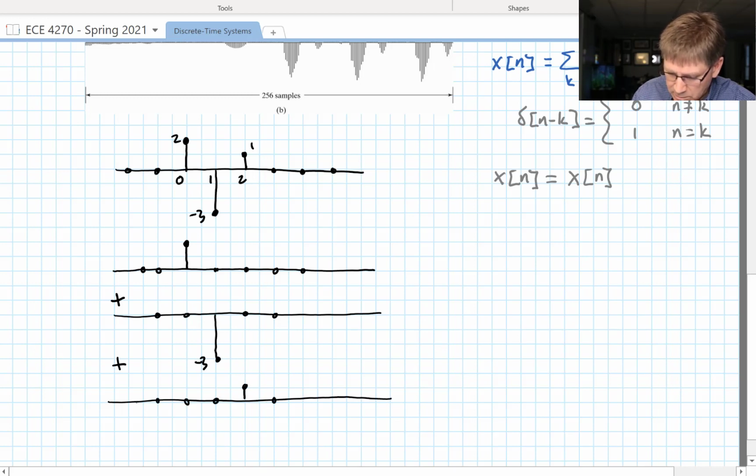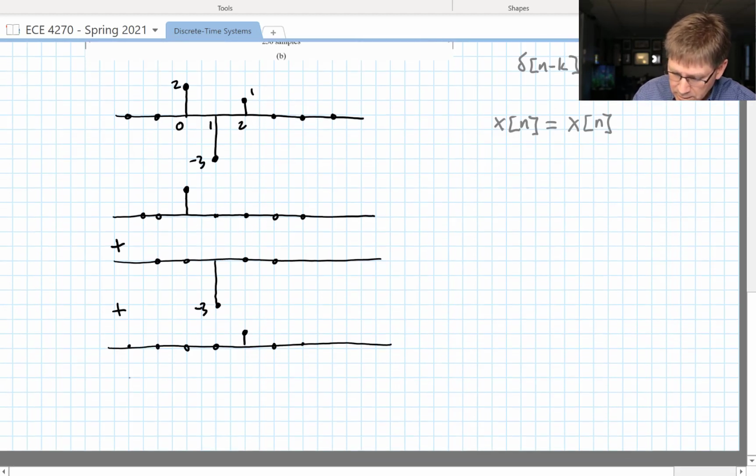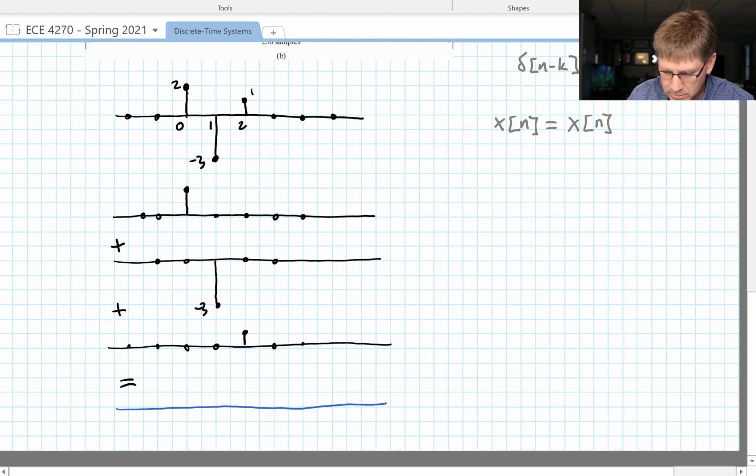And when we sum up all these values, it's a lot more work, but we get, let's see, we sum up zeros in the columns to the left, and we have 2 plus 0 plus 0, that gives us a 2 here, and then 0 plus minus 3, and then we have 0, 0, and 1.